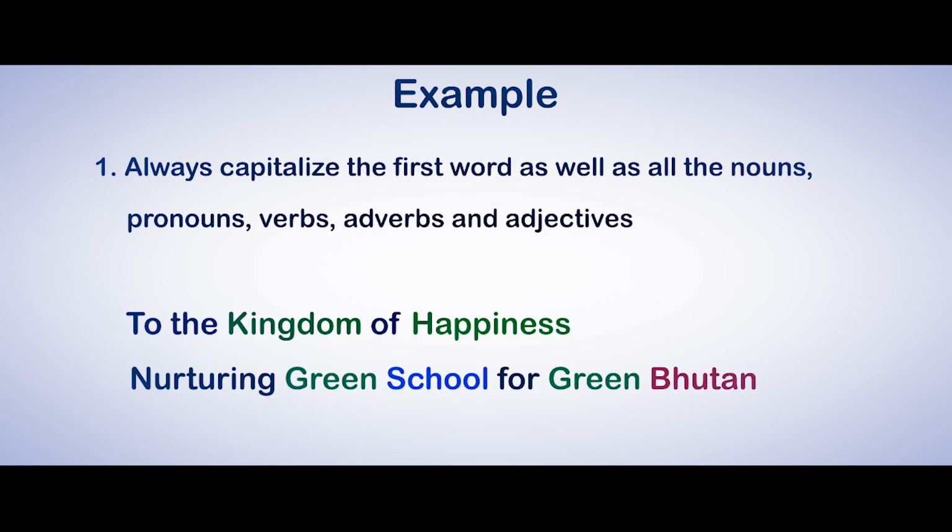So example number 1 says always capitalize nouns, pronouns, verbs, adverbs and adjectives. So in this case, kingdom is a noun and happiness is a noun. That's why they are capitalized. And then in the second title you see nurturing, green. Green is an adjective, school is a noun, and then of course adjective and Bhutan is a noun. So this is the reason why they are capitalized.